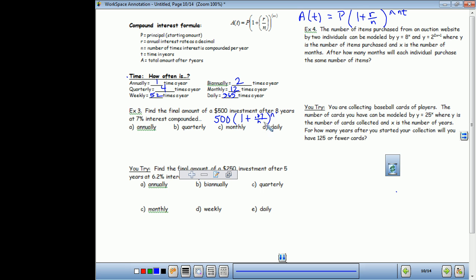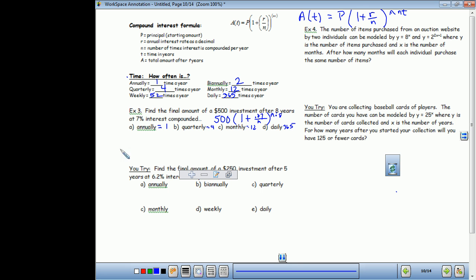N is how many times it's compounded, and we're doing it for 8 years, so T is time in years. So this N is going to change. For annually, I'd plug in 1 here, where I have N here and here. For quarterly, I would plug in 4 here or here. Monthly, I would plug in 12 here or here. And daily, I would plug in 365 here and here.